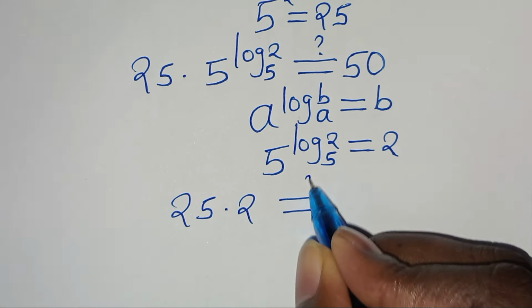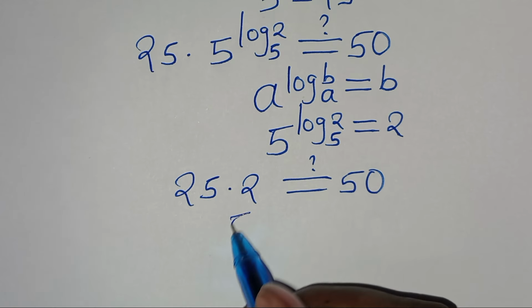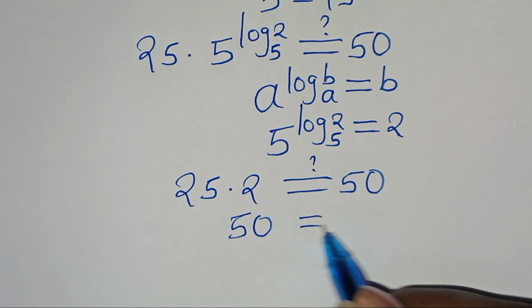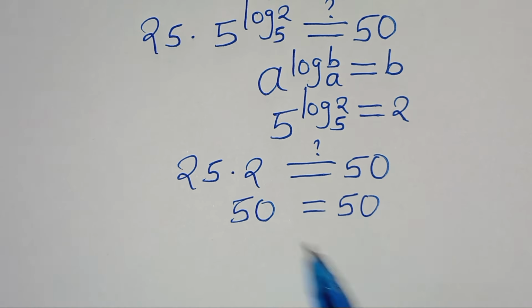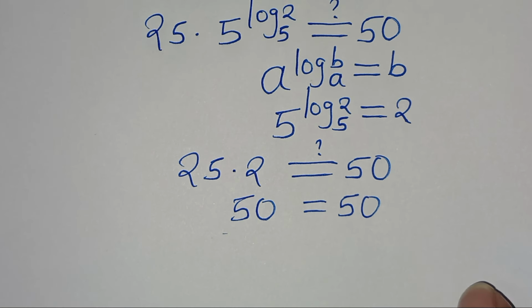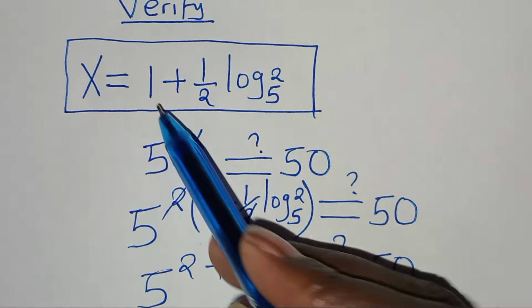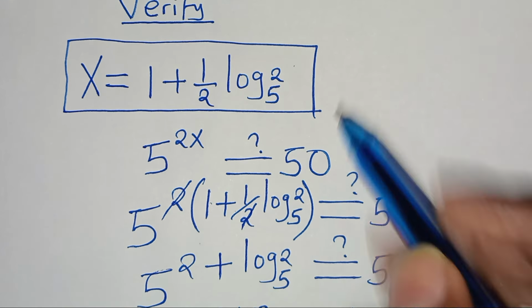This is supposed to give us a value of 50. 25 times 2 is 50, which is equal to 50. And this implies that the left-hand side is equal to the right-hand side. And this implies that the value of x, which is 1 plus a half log 2 to base 5, actually satisfies the equation.